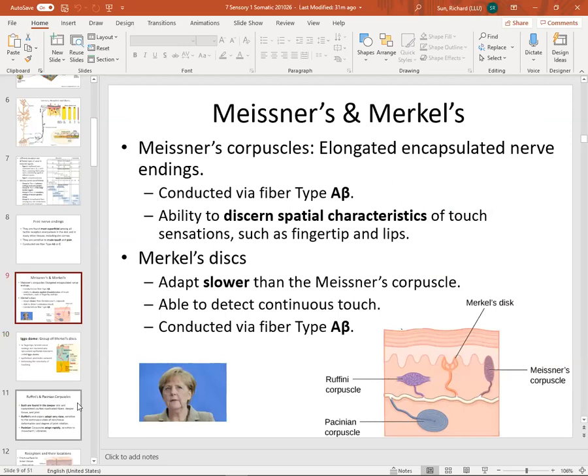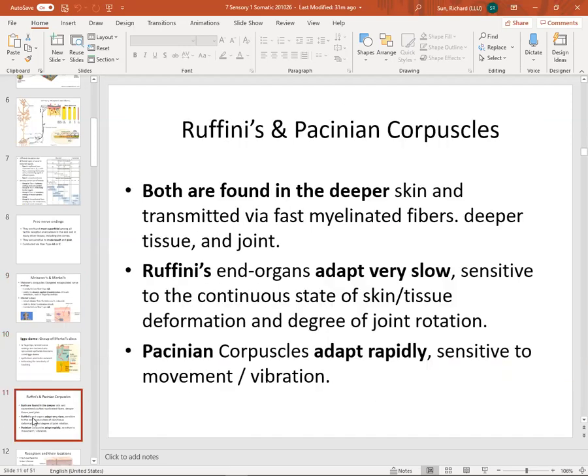All right, so Ruffini and Pacinian. These two are at the same level, and Pacinian is one adapt fast.